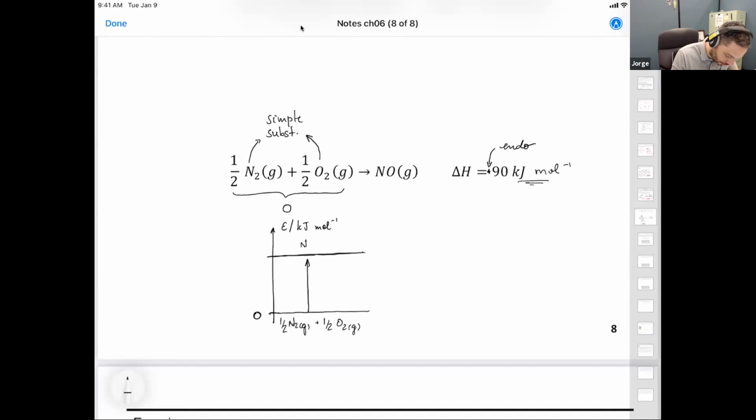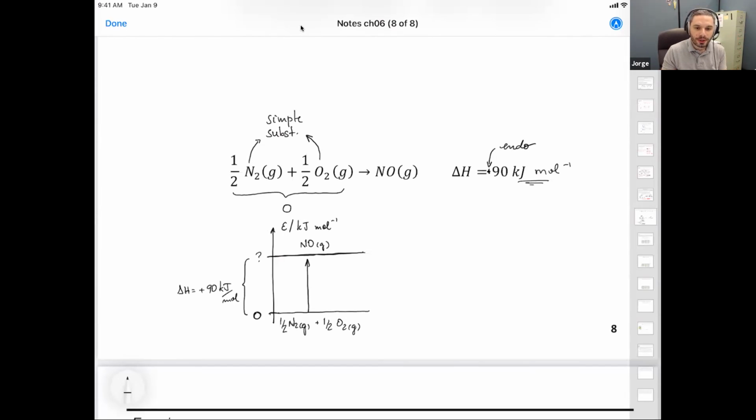And the only product that we are forming here is nitrogen monoxide gas. We don't know the ending point of the energy, but we know that the delta H, which is always the difference between the energy of the products relative to the energy of the reagents, in this case is equal to plus 90 kilojoules per mole.